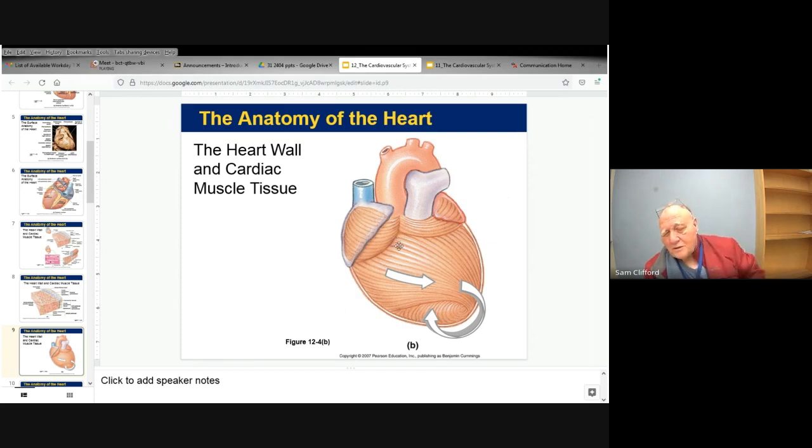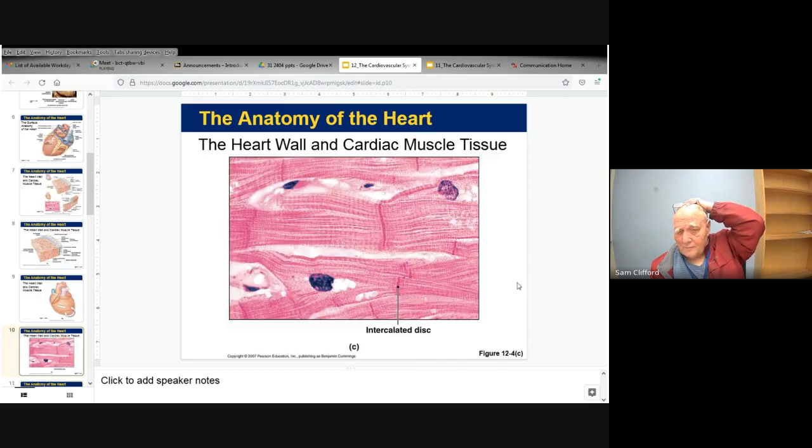So the heart muscle is arranged so you can pump from top to bottom and actually wring out the blood as the blood gets to the ventricles, so it can be pumped to the lungs from the right side of the heart and pumped to all the rest of the body, the systemic circulation. It can be pumped from the left side of the heart.